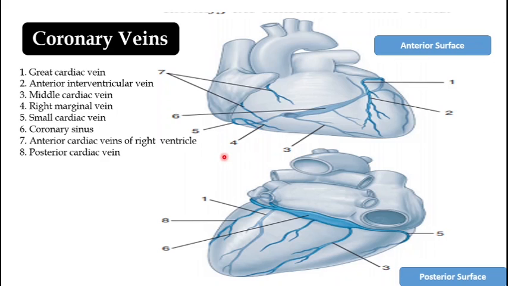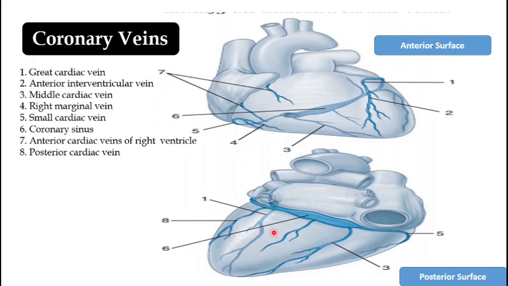Also, there are very small cardiac veins which are present on the surface of the heart, which are not drawn on this diagram. These very small cardiac veins are known as the venae cordis minimae, or the Thebesian veins.